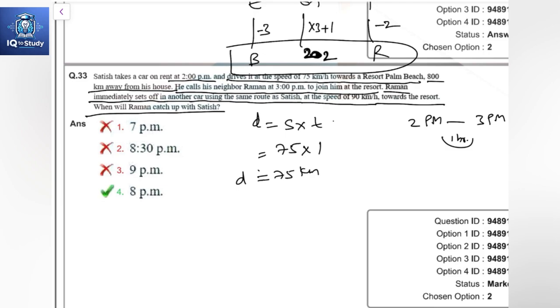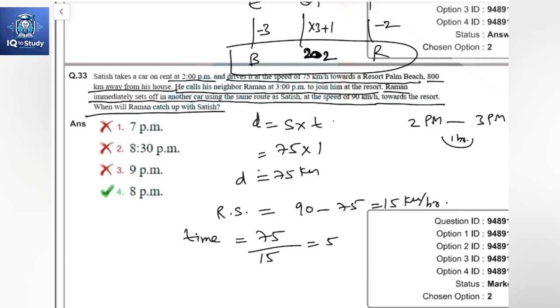And relative speed becomes 90 minus 75, which is 15 kilometers per hour. Now, time taken for Raman to catch up is 75 by 15, which is 5 hours.